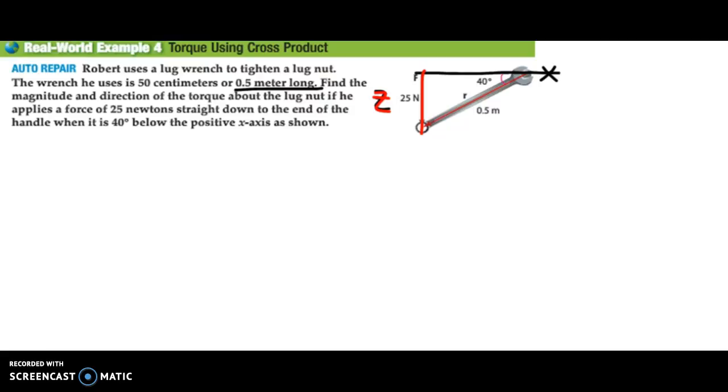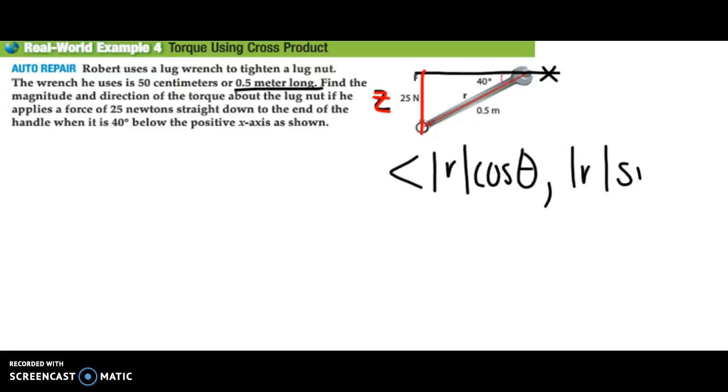So if I think of this as a triangle right here, notice there's nothing with y. If we're looking for our vector, it was always the magnitude of r times the cosine of theta, and then magnitude of r times the sine of theta, when x and y. Notice we have x and z, so I can just sneak a 0 in there for the y.